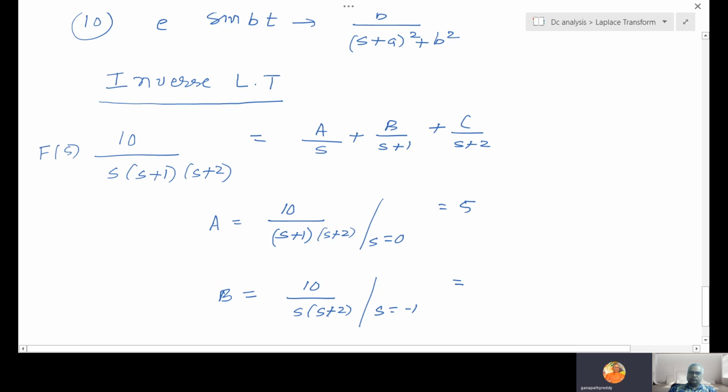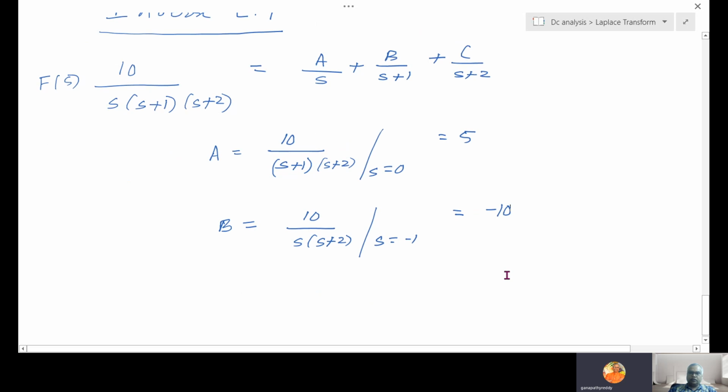So you will get minus 10. Then c: 10 by s into (s plus 1) at s equal to minus 2. So you will get minus, minus, plus, so 5.